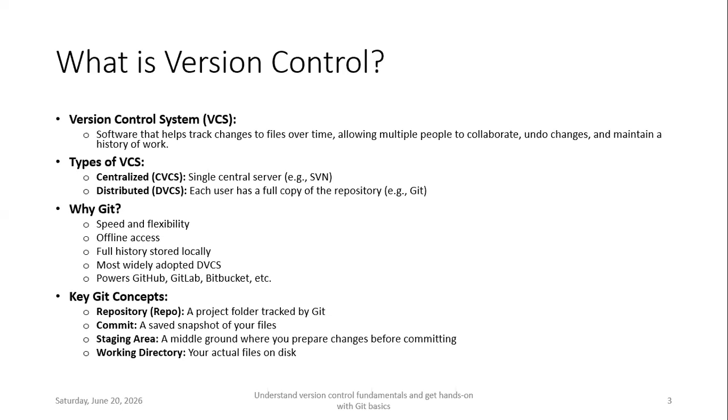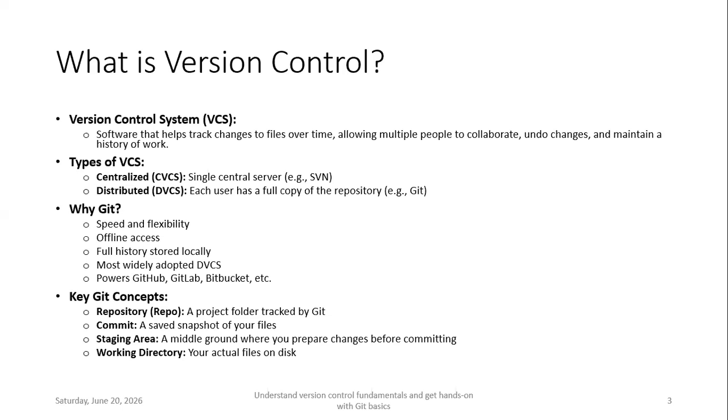And the key concepts here, we are talking about the repository. The repository is a project folder which is tracked by Git. So these are the very basic concepts that you need to keep in your mind. Number one is the so-called repository.